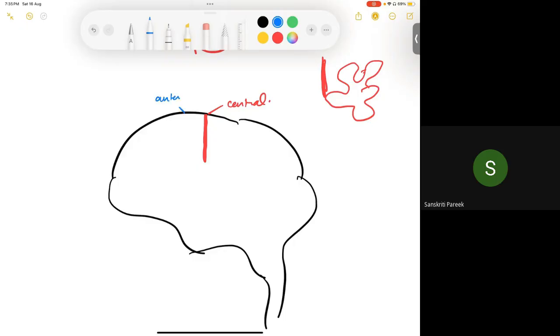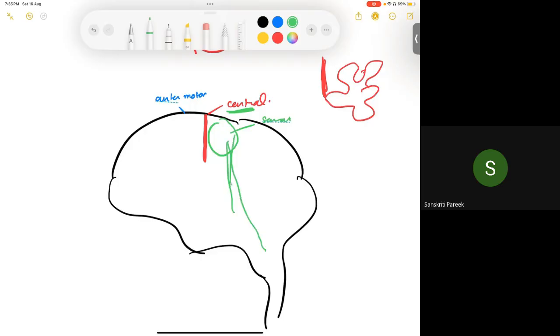Anterior to this sulcus, the area of the brain is purely motor in nature. All of the motor activities which we'll be discussing, which your brain has made, are going to be decided anterior to the central sulcus, right? Then just before the central sulcus, we have an area called the somatosensory area. The sensations we discussed, for example pain, temperature and proprioception, go through the internal capsule and enter the somatosensory area.